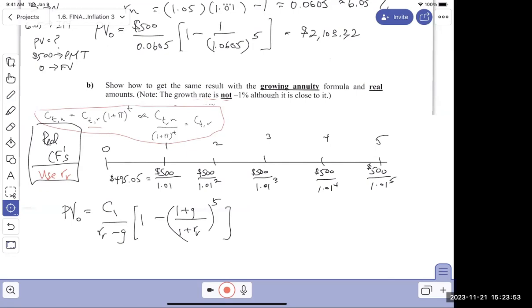Antonio, do you see the g? Alejandra, do you see the g?